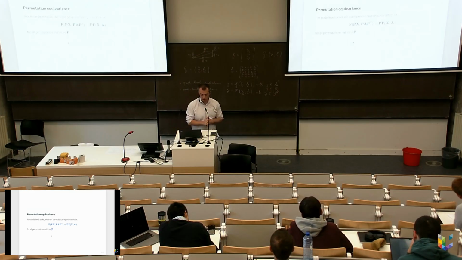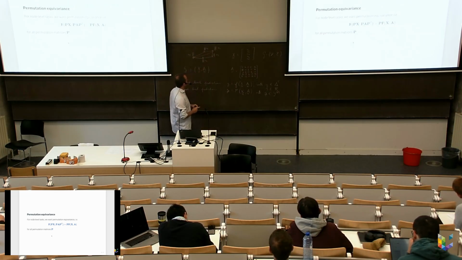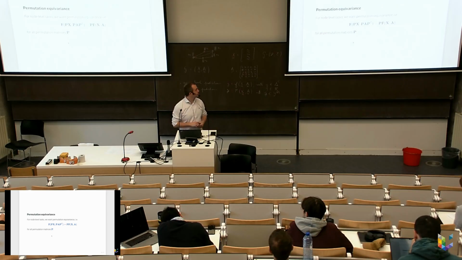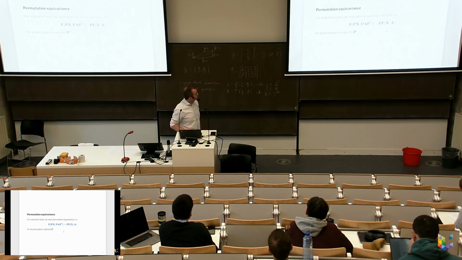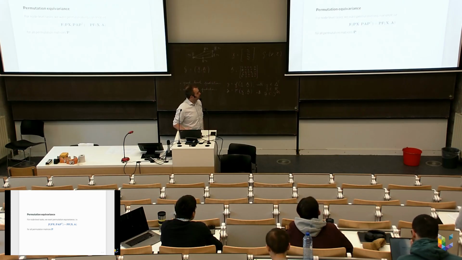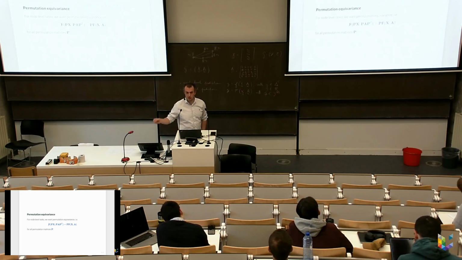For the node level task, where we are predicting vectors or output values for each of the nodes, if we permute the representations, we'll want the output to be permuted in the same way. So in this case, we'll want permutation equivariance, meaning that if we compute node level predictions through F, big F, and then we permute them, we should obtain the same result as if we had applied F, this node level graph neural network, on the permuted representation of the input graph.